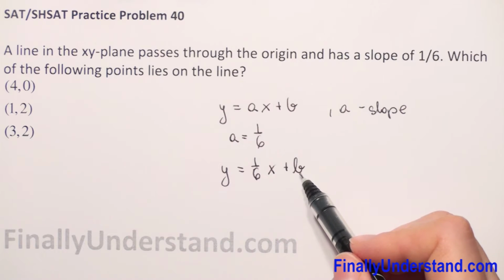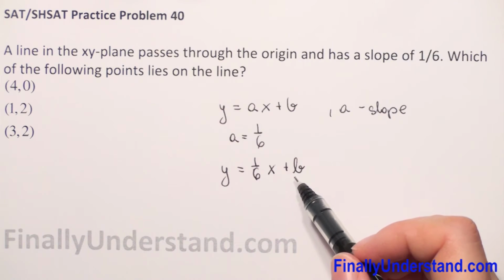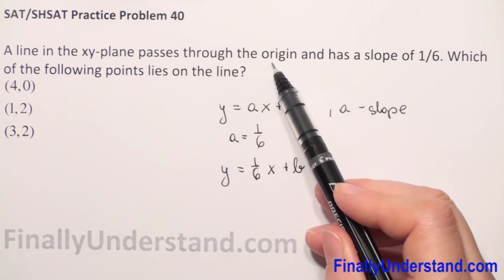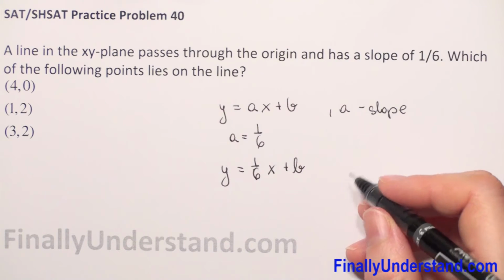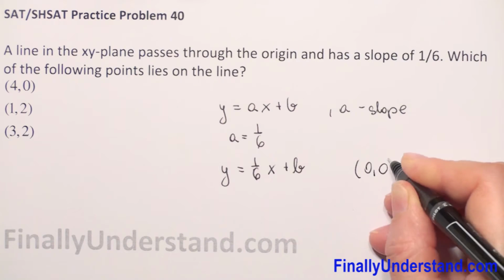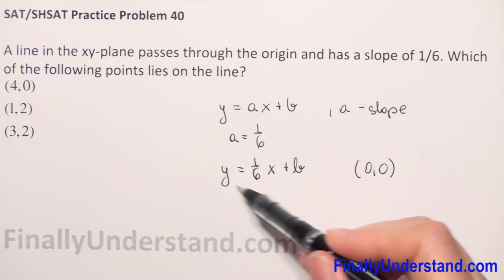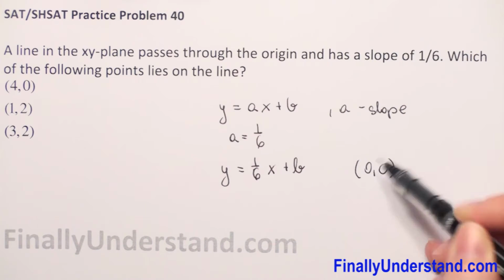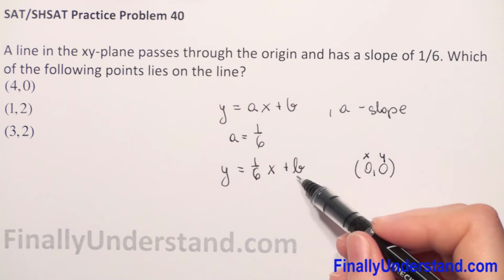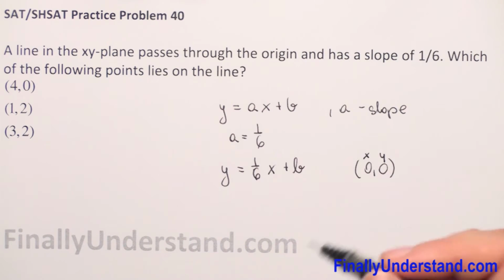How will we find b? We know that this line passes through the origin. The origin has coordinates 0, 0. So if this line passes through this point, we can substitute x by 0 and y by 0, and calculate b.